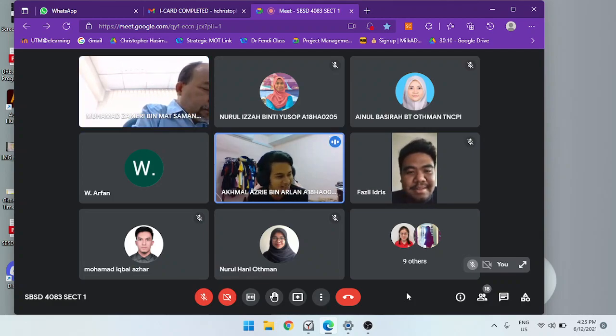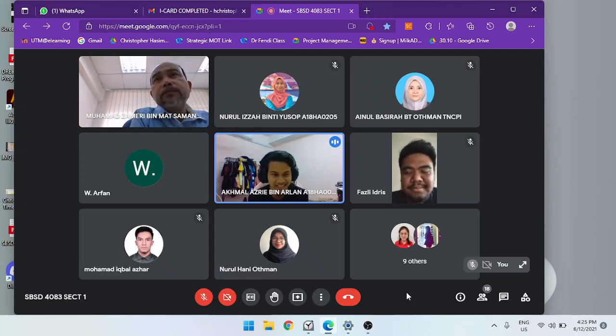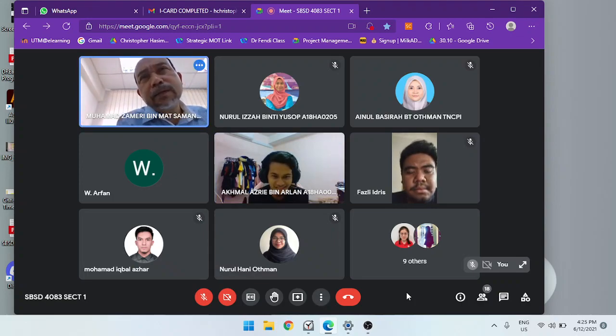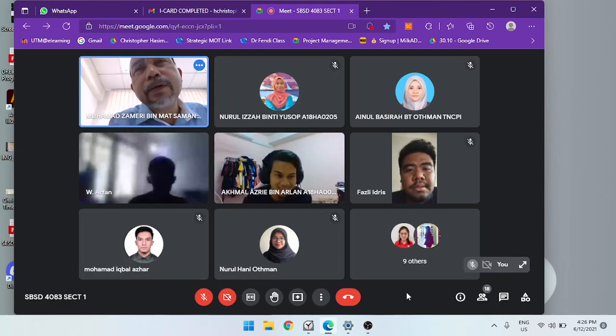Okay, apa projek you buat apa? Projek grup kami nak buat design, lepas tu nak jadikan non-fungible token. Boleh doktor? NFT, non-fungible token. Apa benda tu?